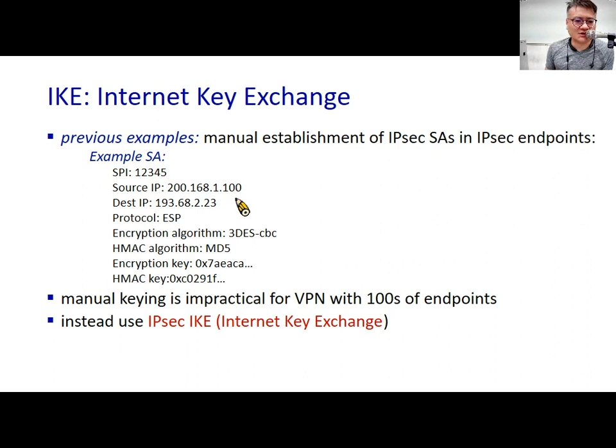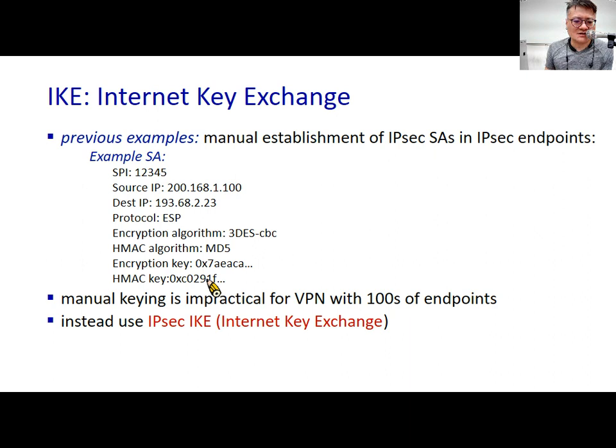For the protocol used, because we need security, we use ESP, with the encryption algorithm 3DES and CBC. The HMAC algorithm is MD5. Then the encryption key here and the HMAC key here.